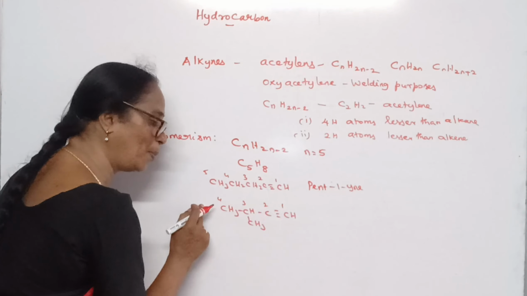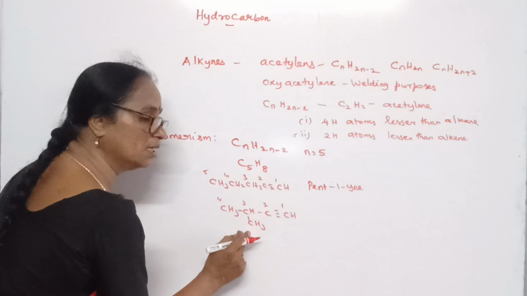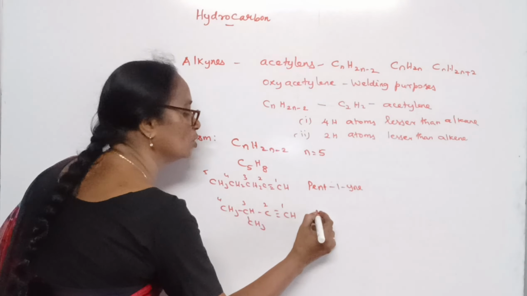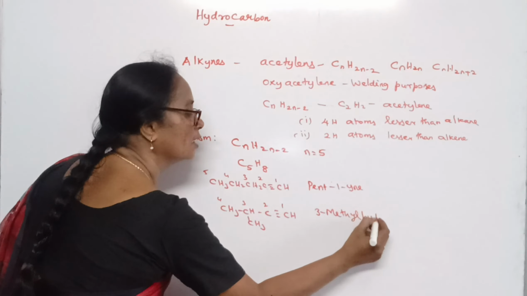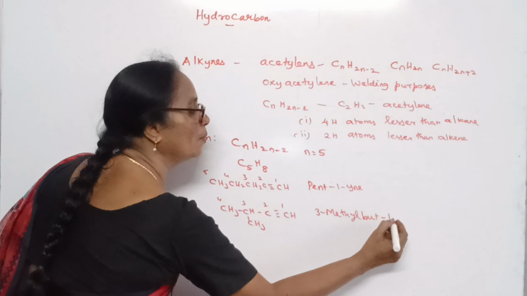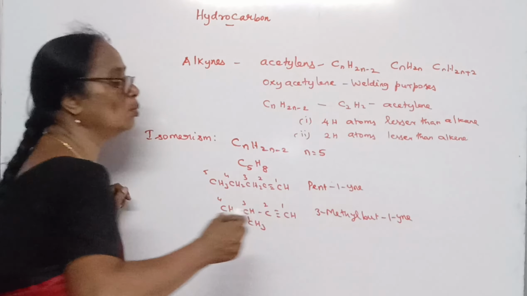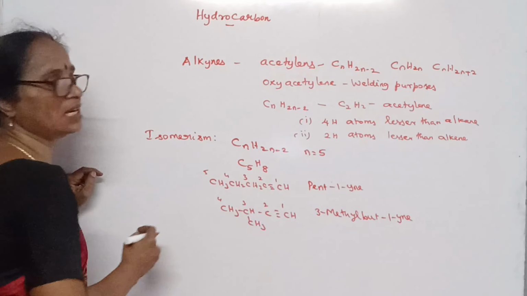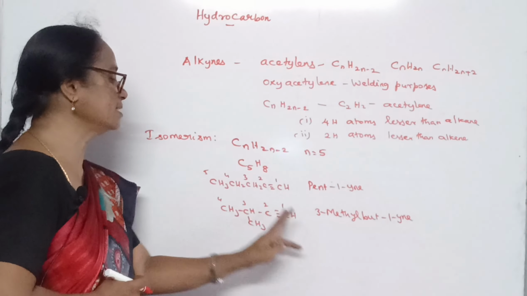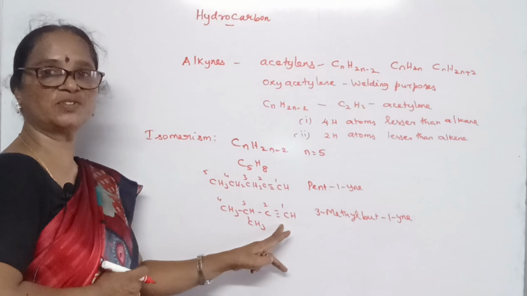So that is butane, but in the third position we have the methyl group. So the name is 3-methylbut-1-yne. The first position has the triple bond, so it makes but-1-yne.